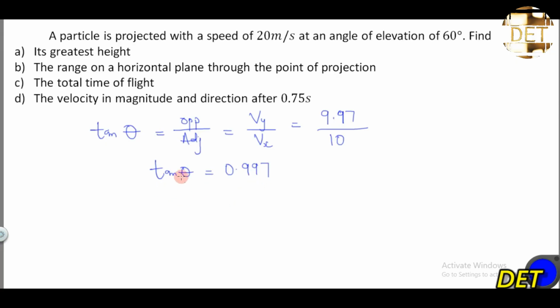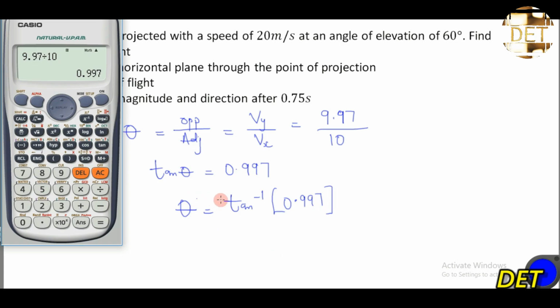So my tan theta is equal to 0.997. What I will do here is look for theta. How do I look for theta? My theta will now be equal to the tan inverse of 0.997. How do we find the tan inverse of 0.997? I press shift, then press tan, and then input my value, 0.997, right?